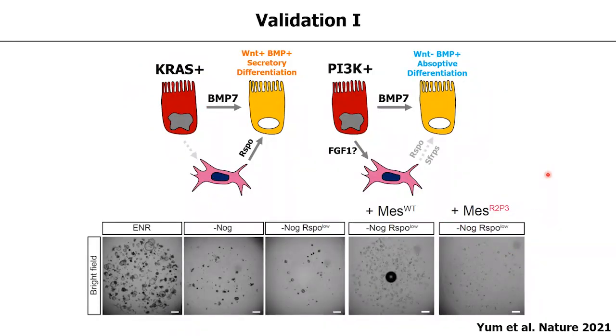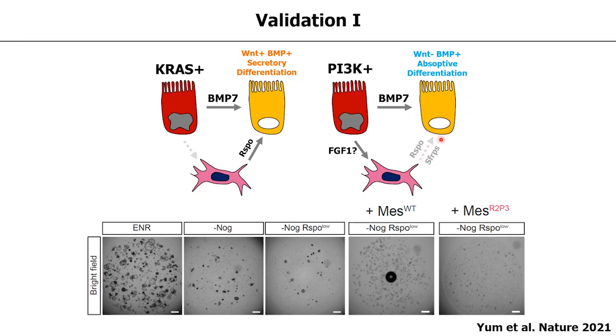So we went on with some biological validation to see whether what we have observed is true. In the KRAS model, we found that there is a high amount of BMP secreted by the red clone. In the PI3 kinase model, we saw the same BMP, but at the same time, we found the mesenchymal population to be compromised in supporting the Wnt activity for the yellow stem cells.